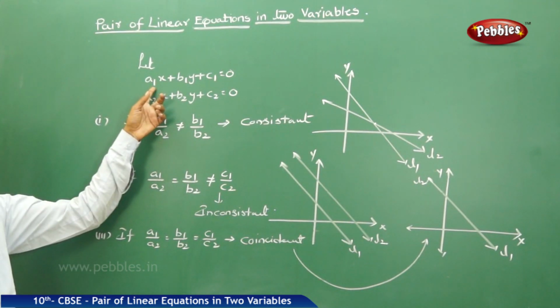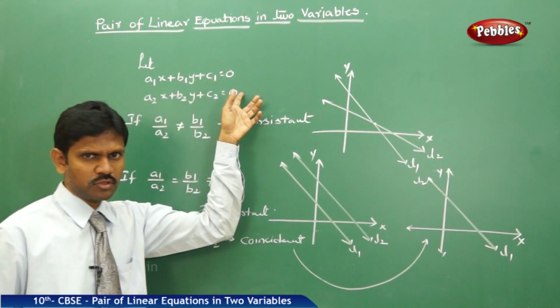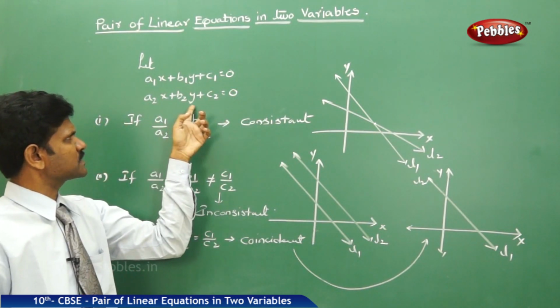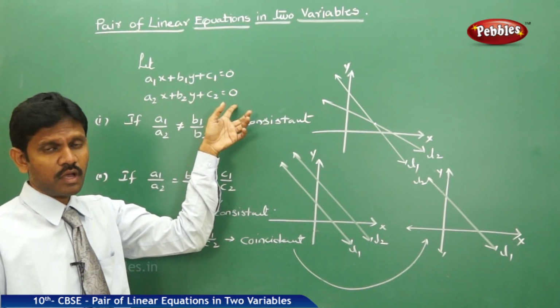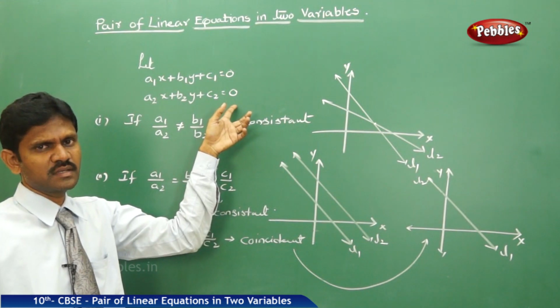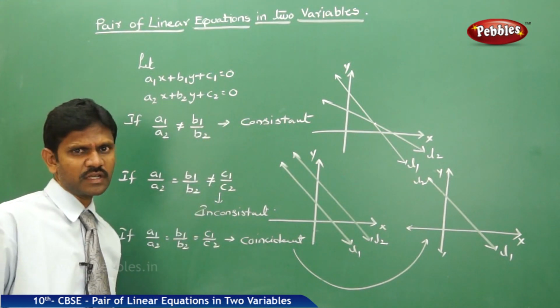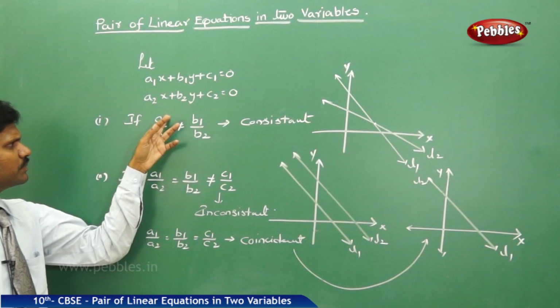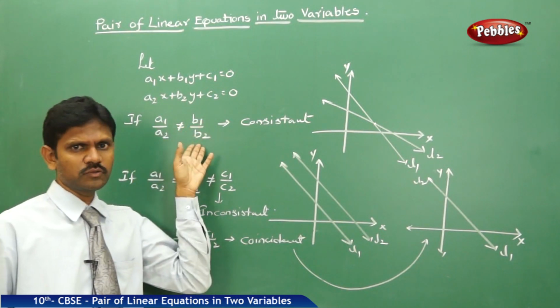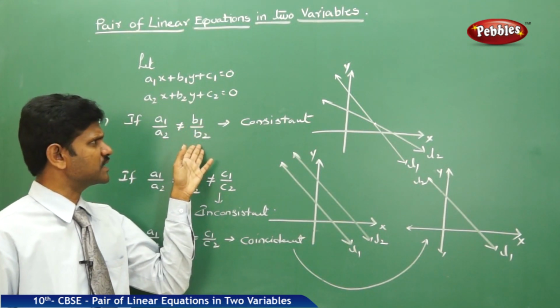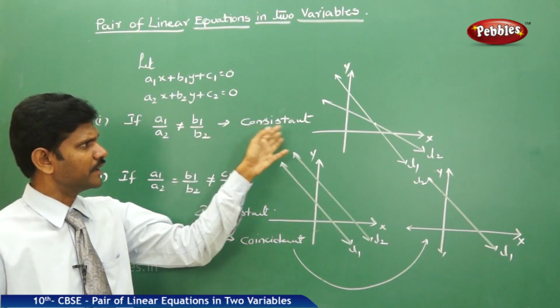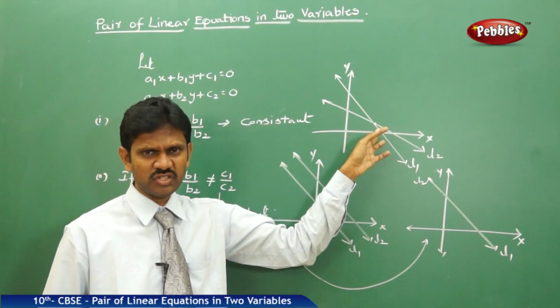If a1x plus b1y plus c1 is equal to 0, a2x plus b2y plus c2 is equal to 0 is a pair of linear equations, then three different cases can arise. Case 1, a1 by a2 is not equal to b1 by b2. That is, the lines are consistent and intersect each other.